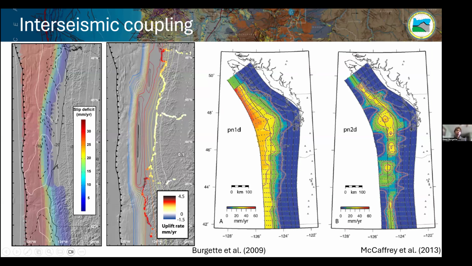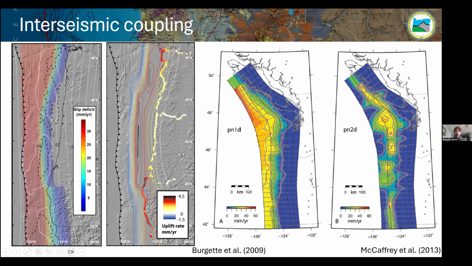And one of the main motivations for us was trying to understand the extent of coupling or slip deficit rates on the subduction interface and how that relates to seismic hazard. So we modeled the observed vertical land motions over the region, and then related that to coupling on the interface.